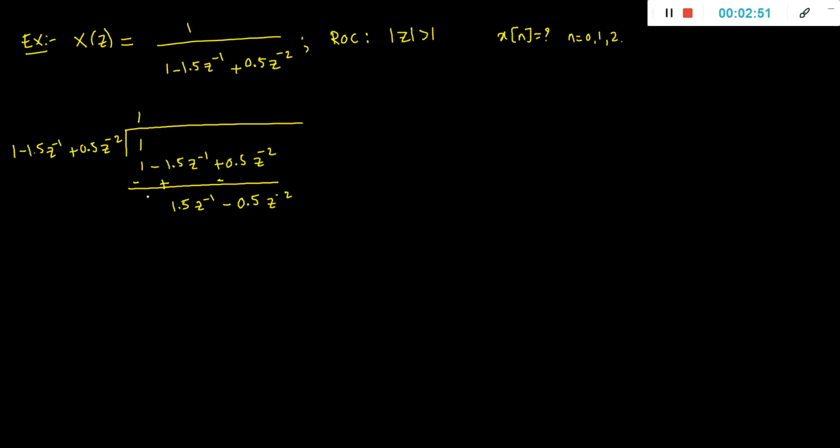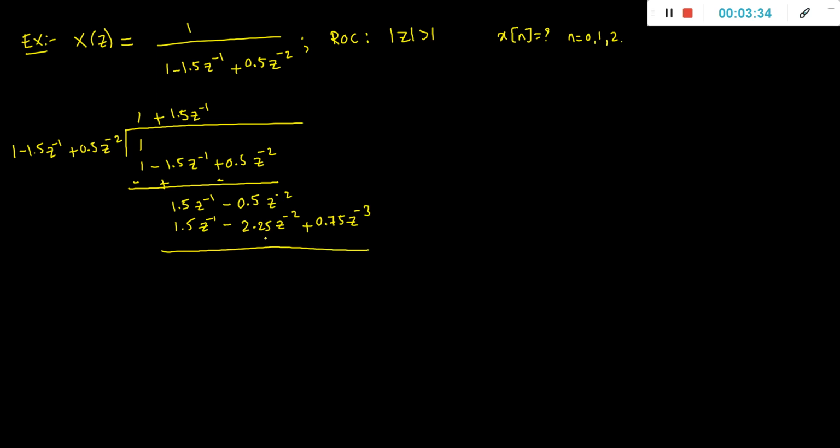So this expression must be divided by 1, so I write the answer as plus 1.5 z inverse. If I multiply this with 1, the answer will be 1.5 z inverse. Then 1.5 into minus 1.5 is going to be minus 2.25 z to the power minus 2. Next, 0.5 into 1.5 is 0.75, and z to the power minus 1 times z to the power minus 2 gives z to the power minus 3.